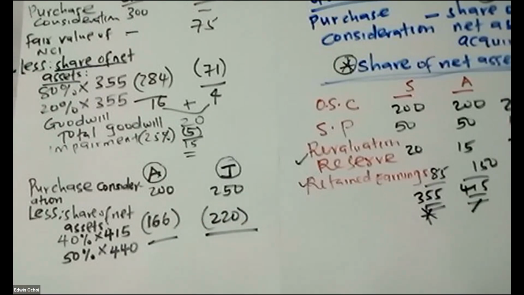So if you take 200 minus 166, we have 34.